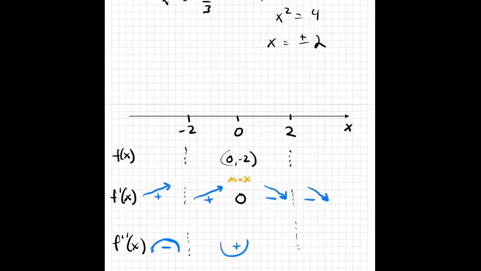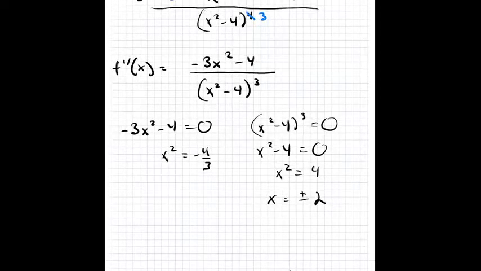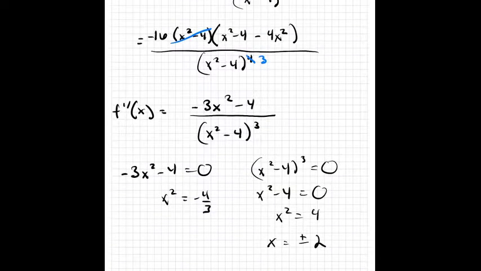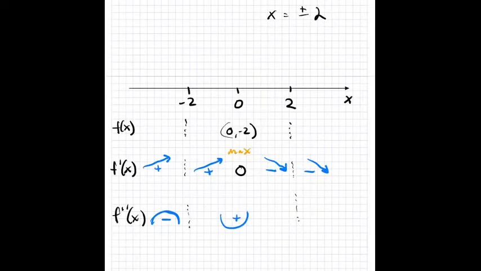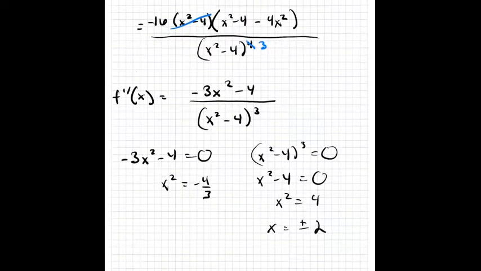Let me look at the second derivative again. So if we plug in 0, that's negative, that's negative, and I'm getting a positive result. Let me check the right side of 2. If I plug 3 into the second derivative, the top is going to be negative, and that's going to be positive.